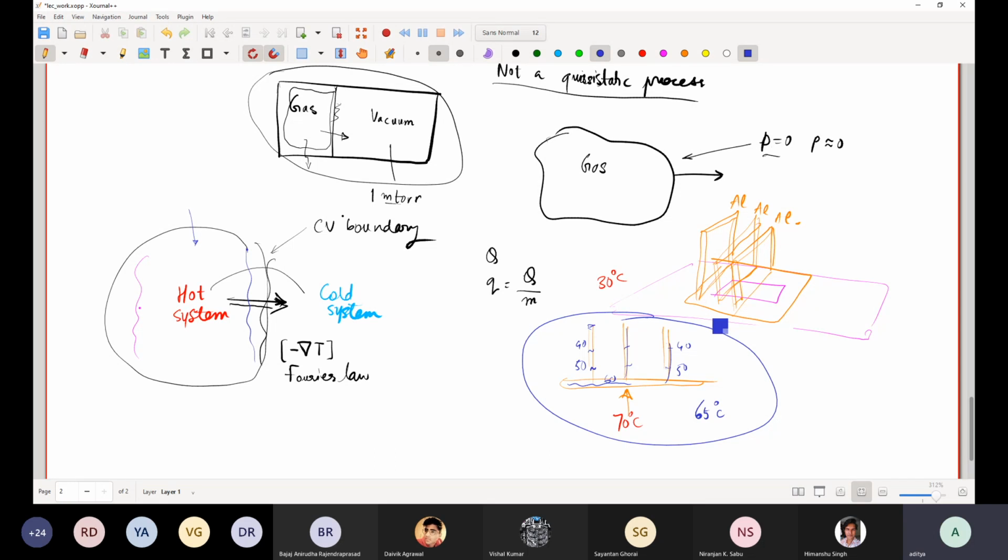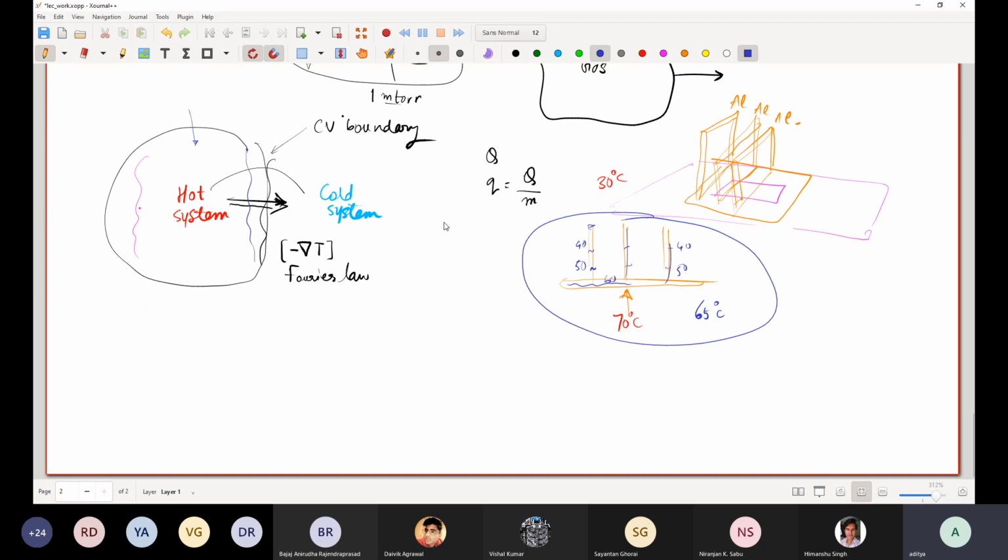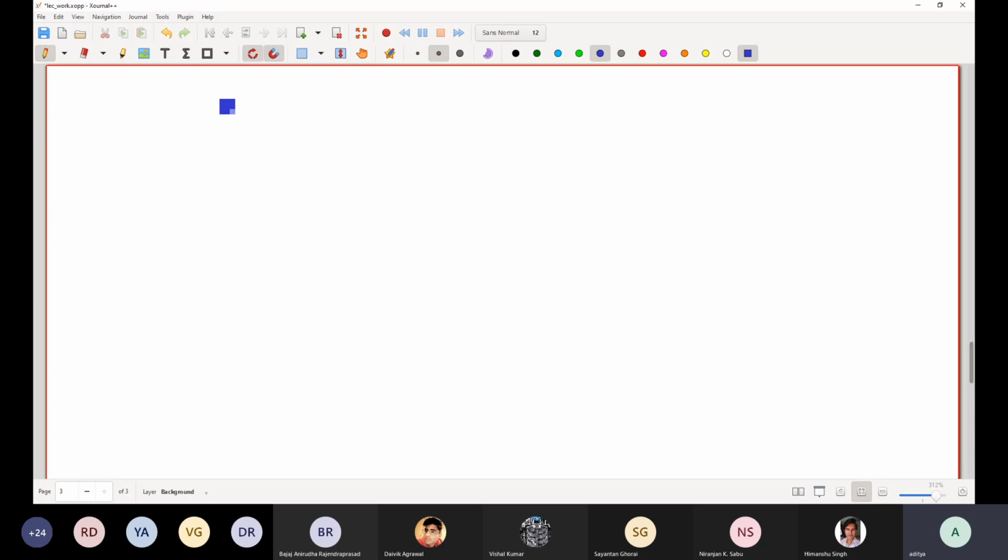So we've come to the end of chapter 4, and now we will do a few problems before we move on to the first law. First law for a closed system, that is. So problems. So let's first do the example problem, because then you can also look it up in the book.